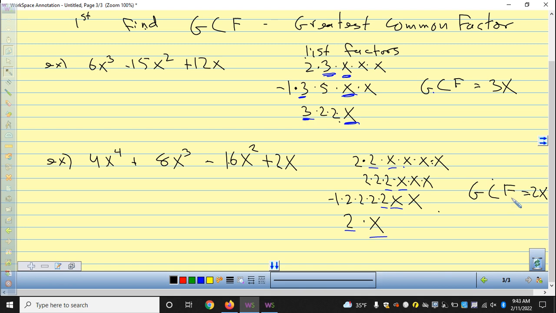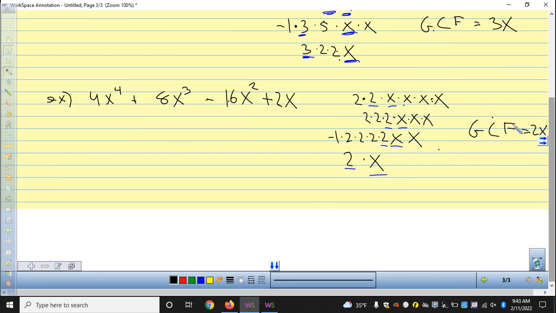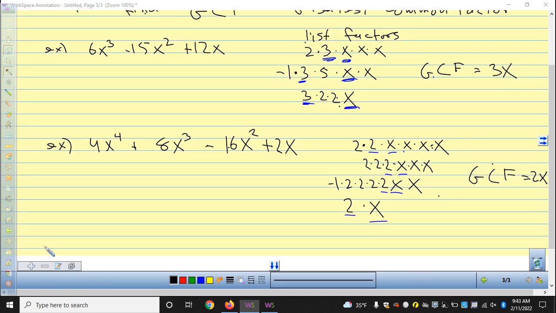Well, now I want to go back to this first problem, and we are going to factor that first problem. So now we want to factor 6x to the third minus 15x squared plus 12x.